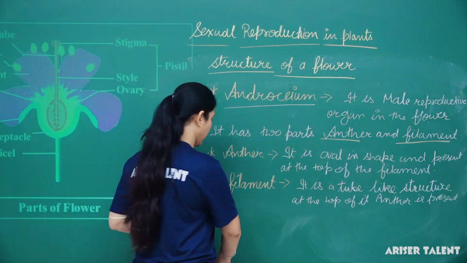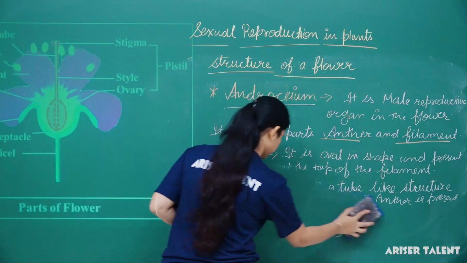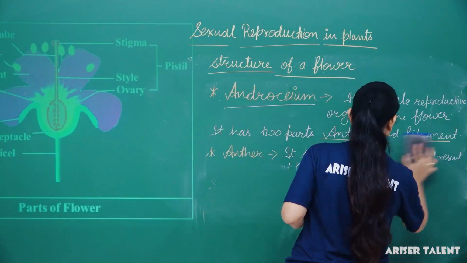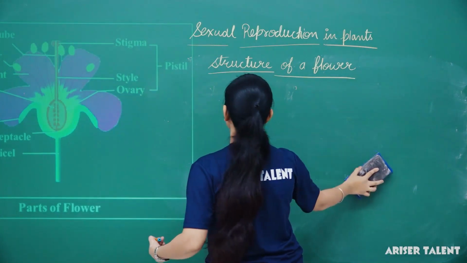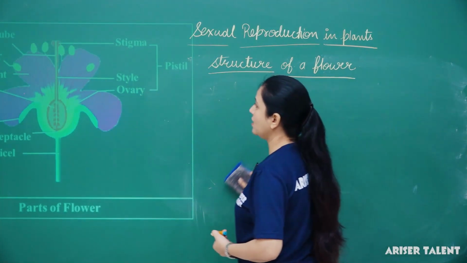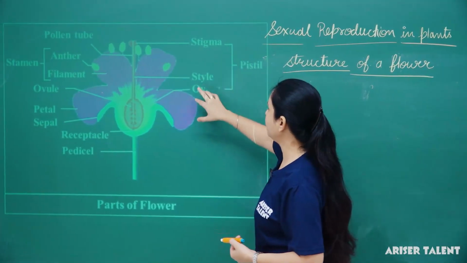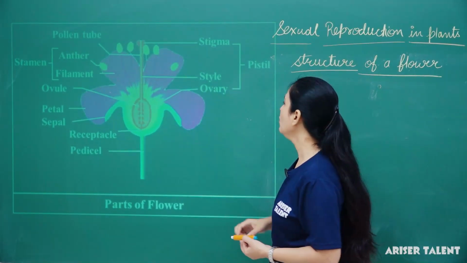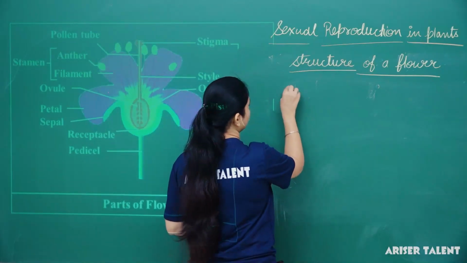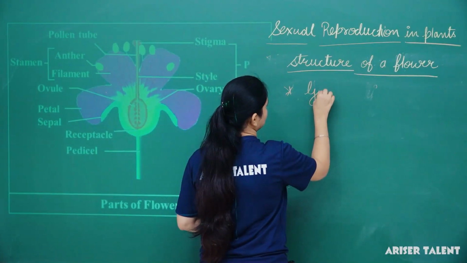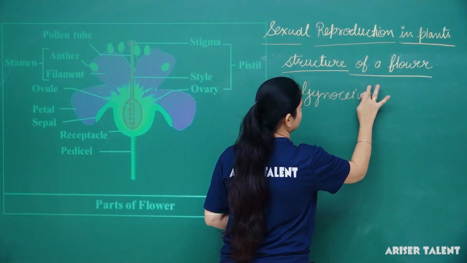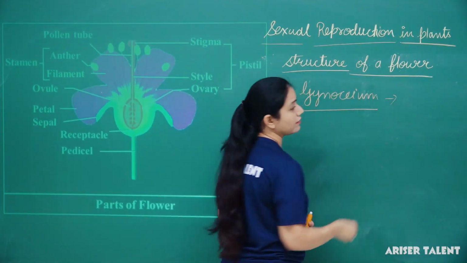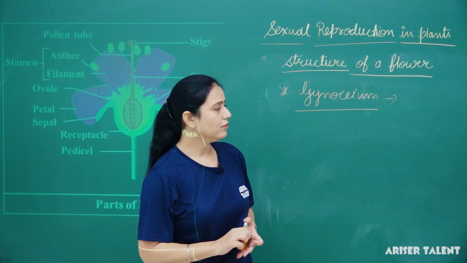Now we will talk about Gynoecium. Here we can see it has four main parts: stigma, style, ovary and ovule. What is Gynoecium? It is the female reproductive organ in the flower.